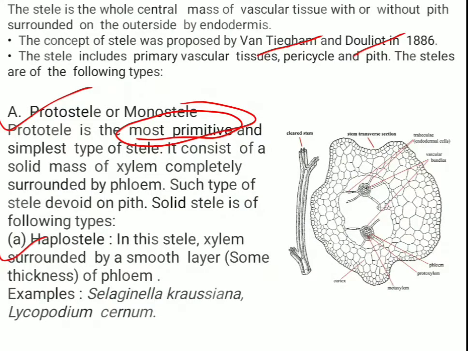Okay, first haplostele. In haplostele, xylem is surrounded by a smooth layer of phloem. It is known as haplostele.